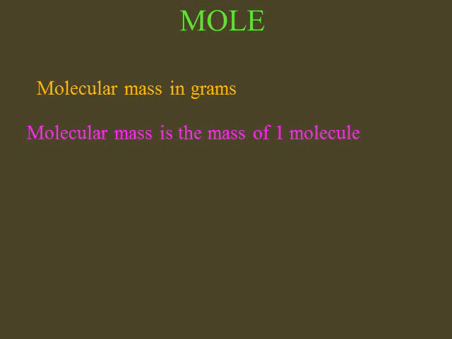If we talk about atoms, when the atomic mass of atoms of an element is expressed in grams, it will be a mole. And in case of molecules, we take molecular masses. So when the molecular mass of any molecule is expressed in grams, it will be considered as a mole.